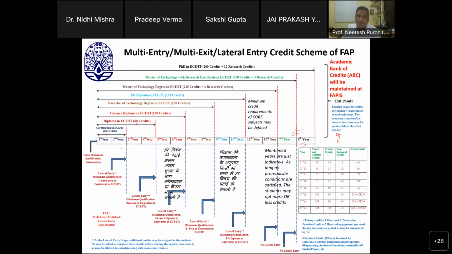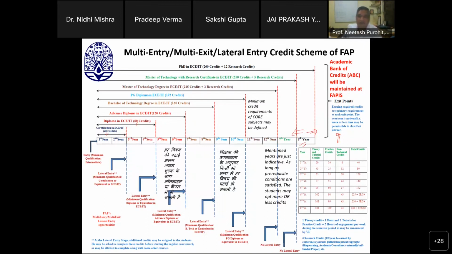And if someone is registering for fewer credits, then this will be increased. So this is just notional. The time span is not measured in terms of years. It is earning of credit as per the choice and feasibility of the students.